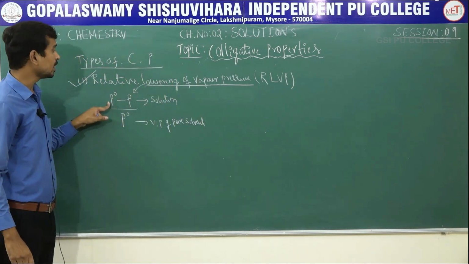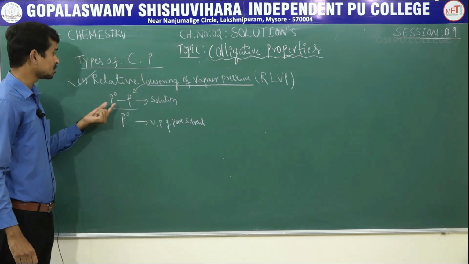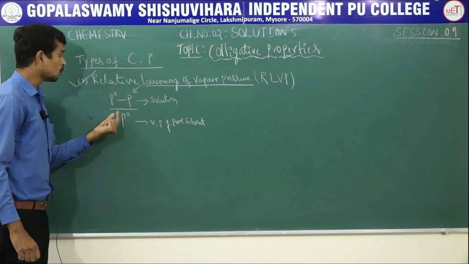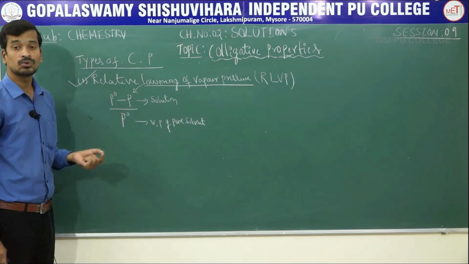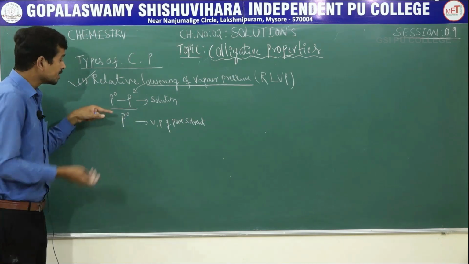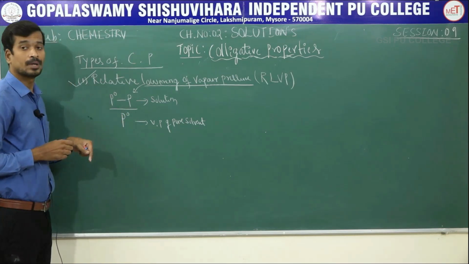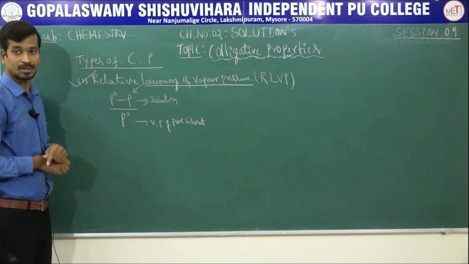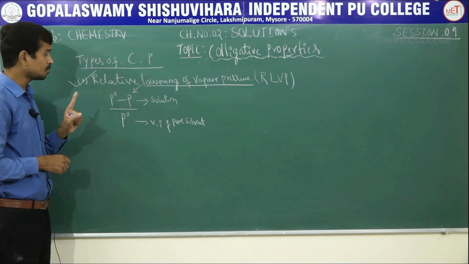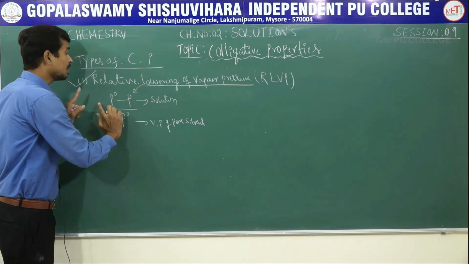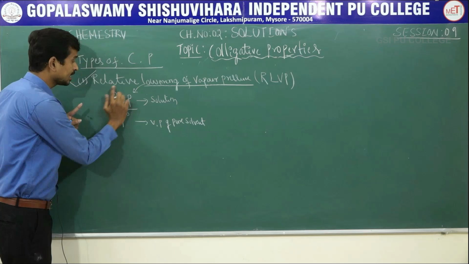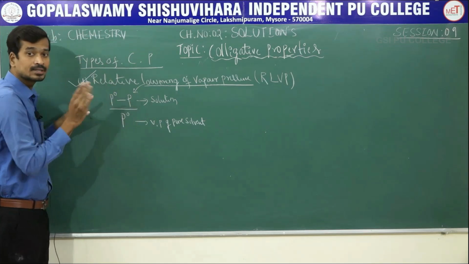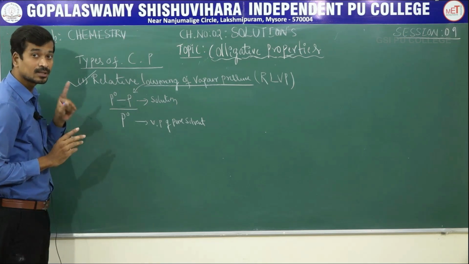Hence, the relative lowering of vapor pressure is the ratio of the lowering of vapor pressure to the vapor pressure of the pure solvent. And another important point, relative lowering of vapor pressure is a colligative property, but the lowering of vapor pressure is not a colligative property. That's very important.